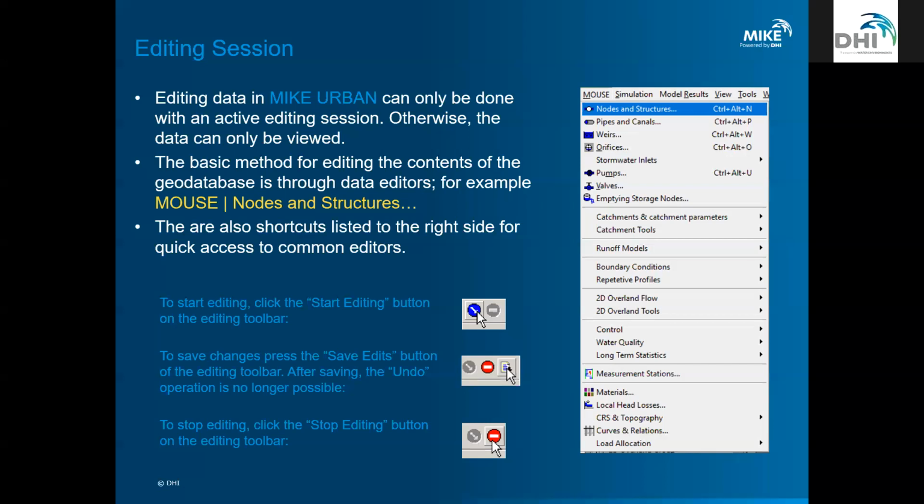And then there are some other curves down here if you want to edit catchment basins or storage basins or pump curves or loading points. All of those things are in this bottom section of the main MOUSE menu. So this is going to be the most common menu that you will be using.